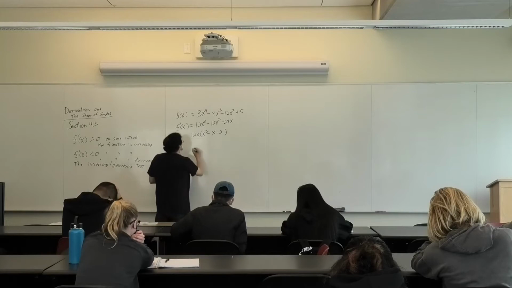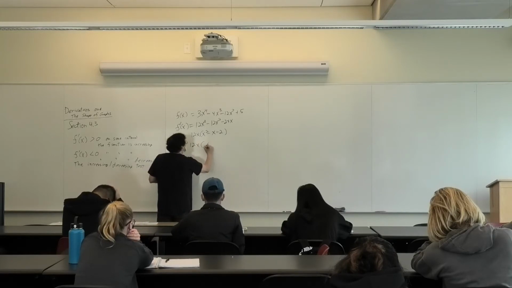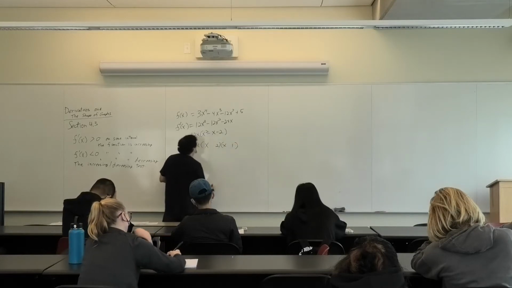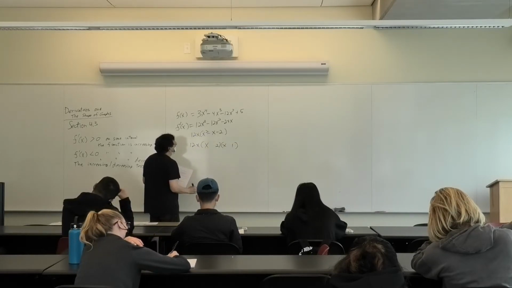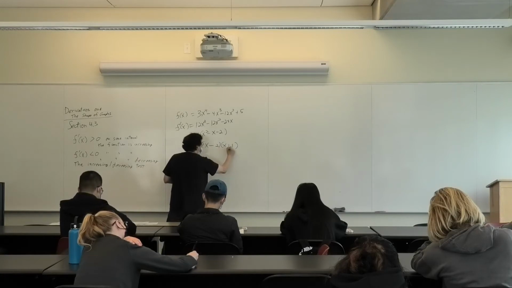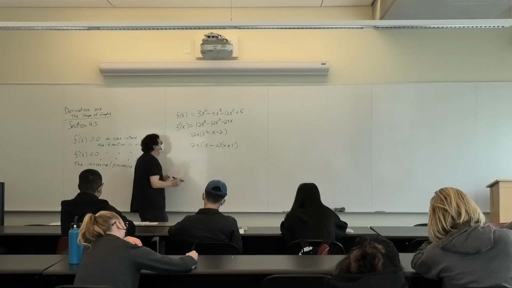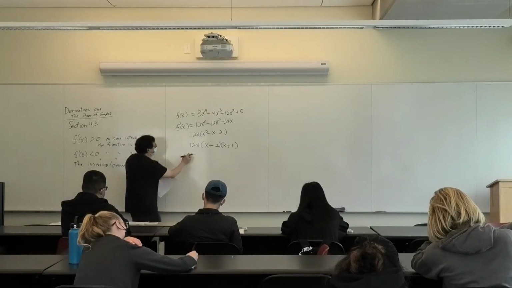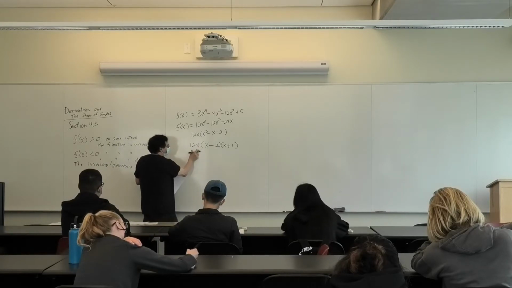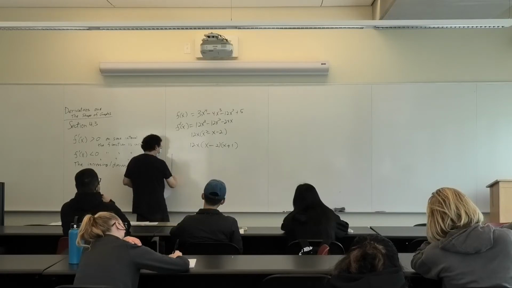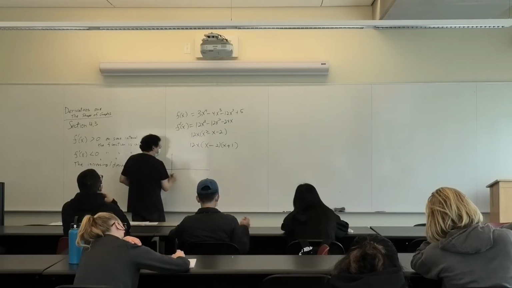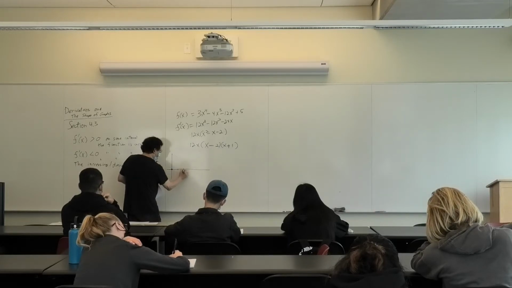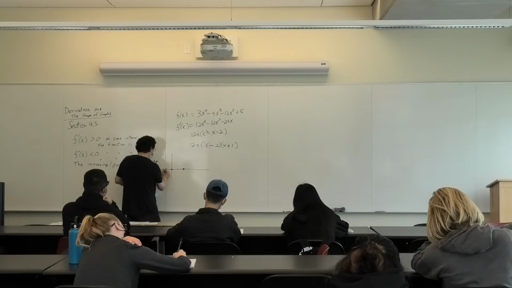Factor: x minus 2 times x plus 1. So I can see this is going to hit 0 in 3 places: at 0, at 2, and at -1.